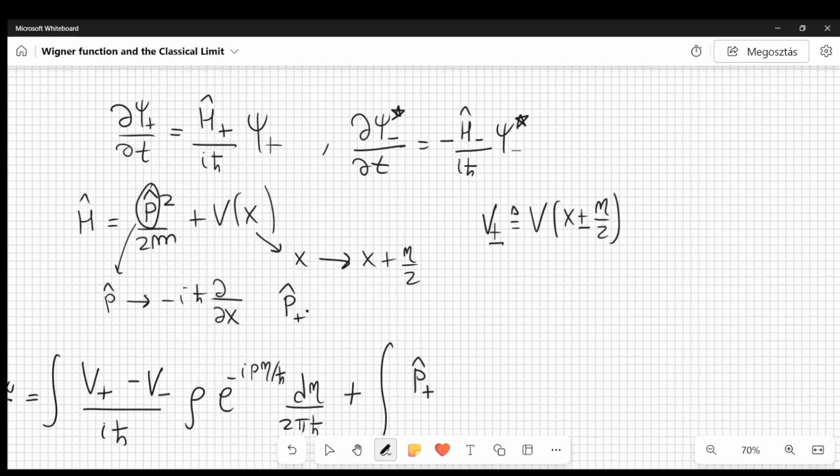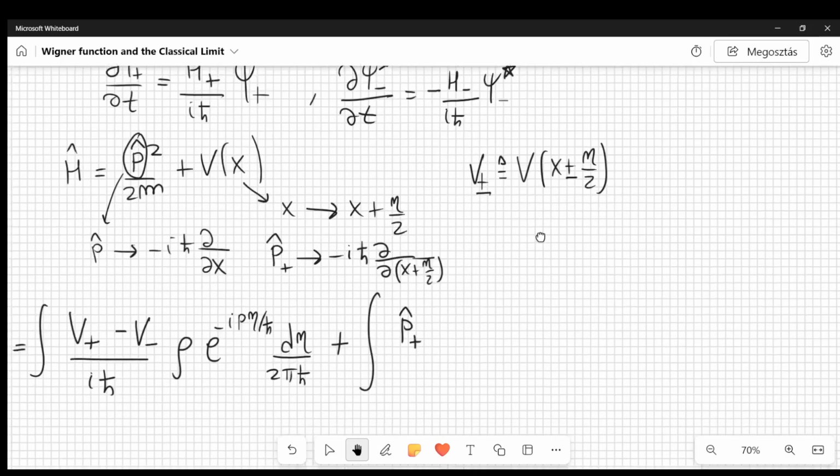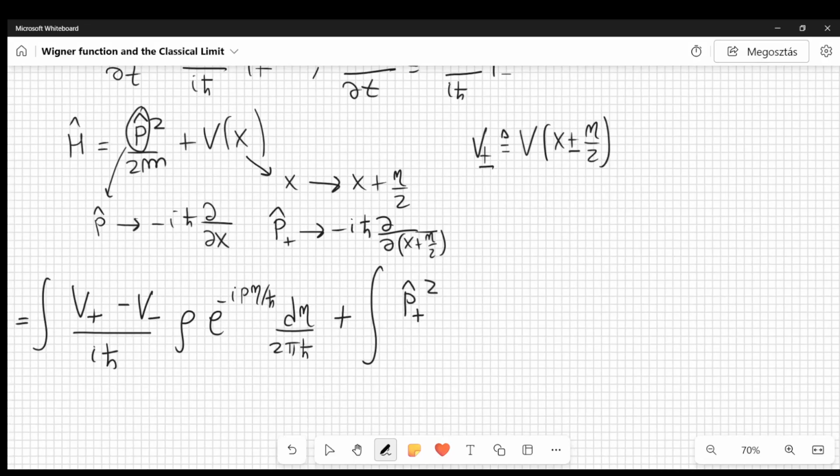for the momentum operator. Here we have something like this: minus i h bar, partial derivative with respect to x plus eta over 2. So that's how you have to interpret this p plus, which is squared because it acts twice. Then we have psi plus, then we have psi star minus, and this is divided by twice m i h bar.